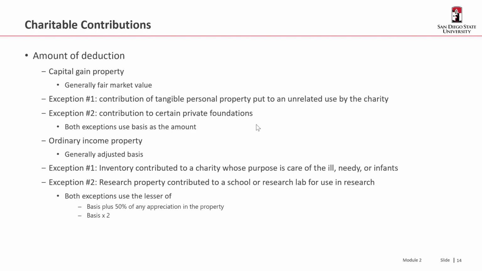If you donate ordinary income property, so think of that as a corporation donating its inventory, typically you'll take the adjusted basis in the property, again, not its market value. However, there are exceptions to that rule.